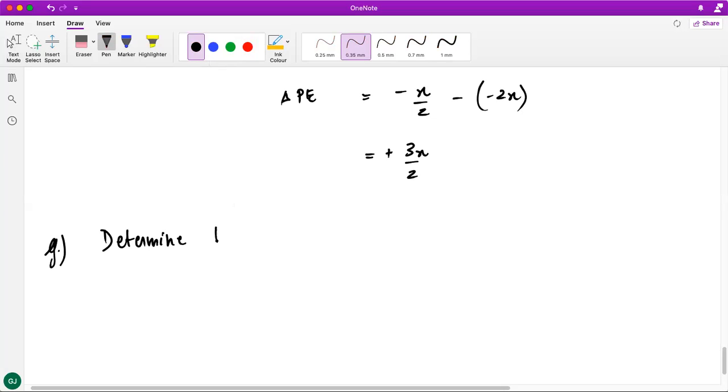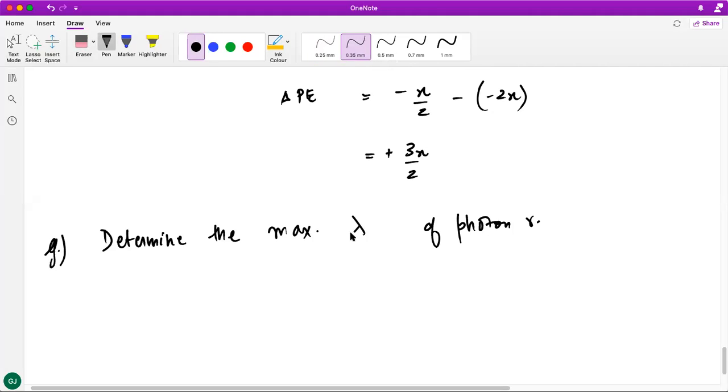Determine the minimum frequency of photon, okay, in fact rather than frequency let me ask wavelength.